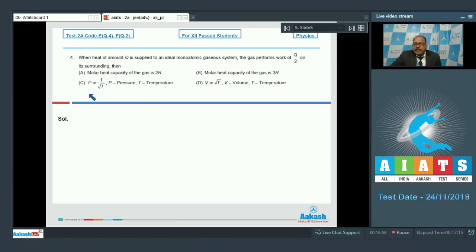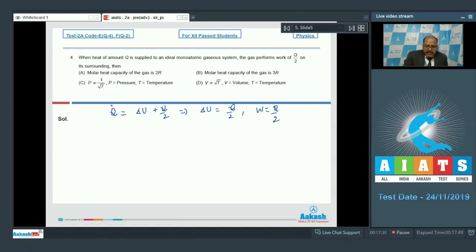Let's apply the first law of thermodynamics. Here the heat supplied is Q. So Q is equal to delta U, change in internal energy, plus work done, which is again Q by 2. So this means delta U is also equal to Q by 2, and the work done also is equal to Q by 2, which is given in the question.